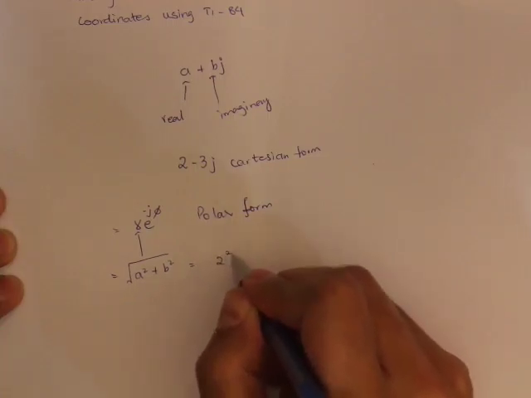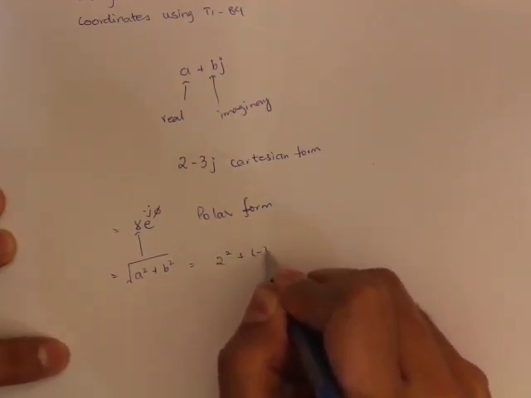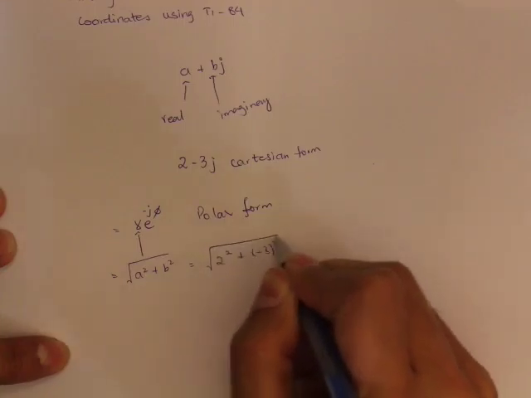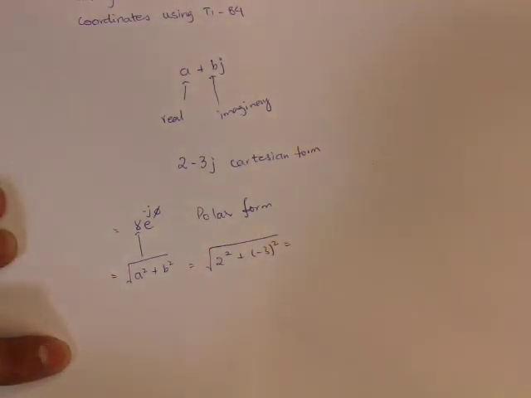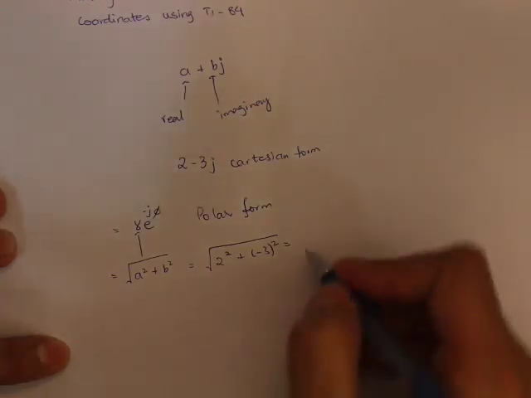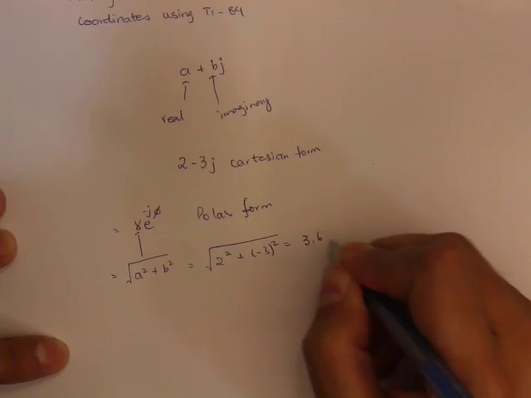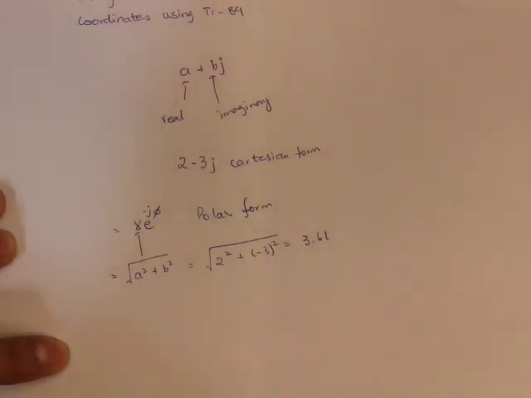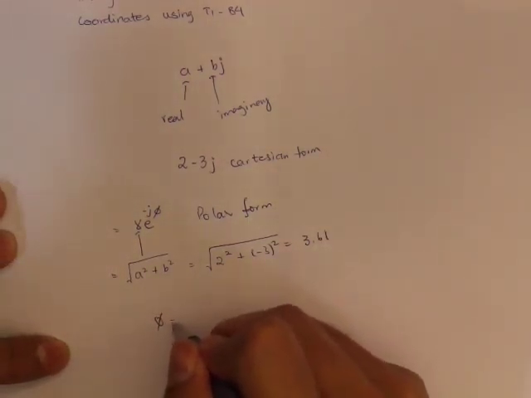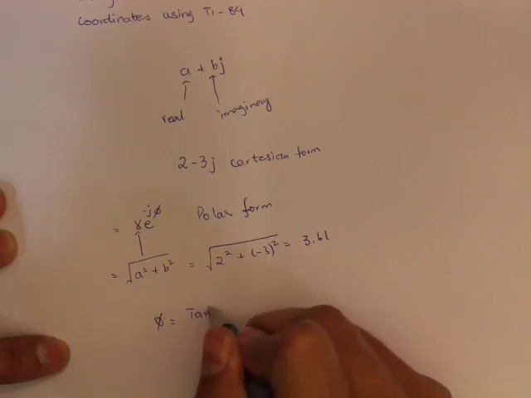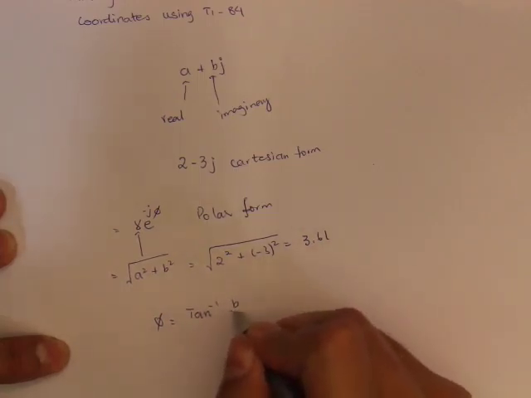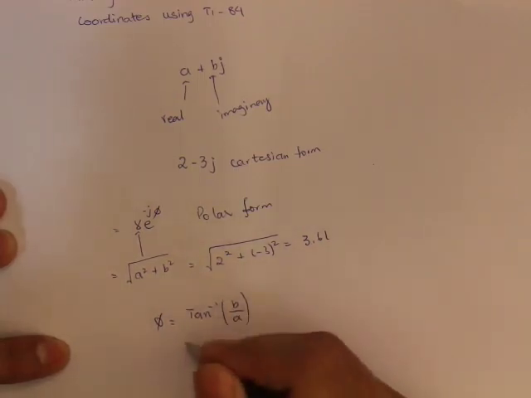So that's going to be 2 squared plus 3 squared, which comes out to be 3.61, and the angle phi is given as tangent inverse of b over a.